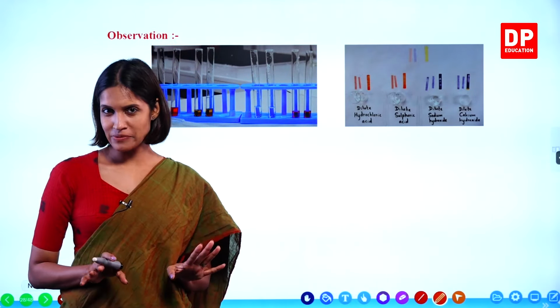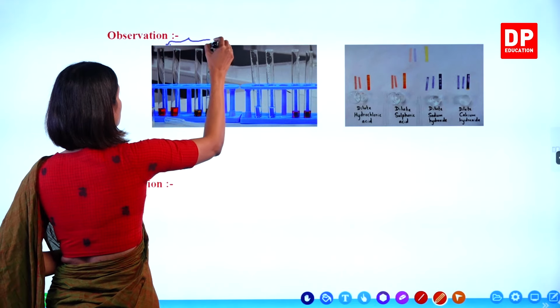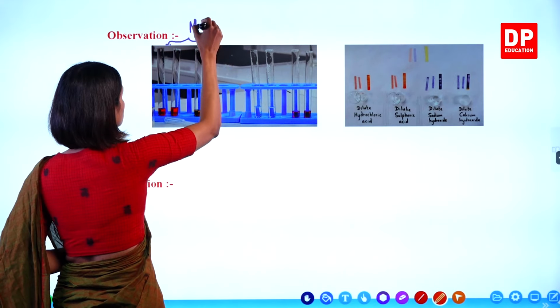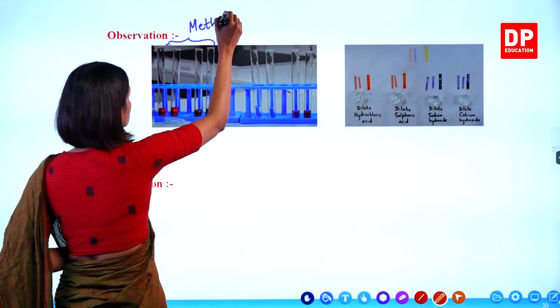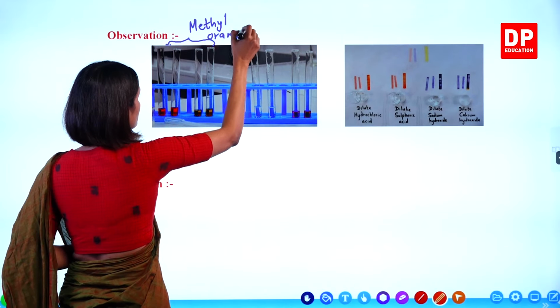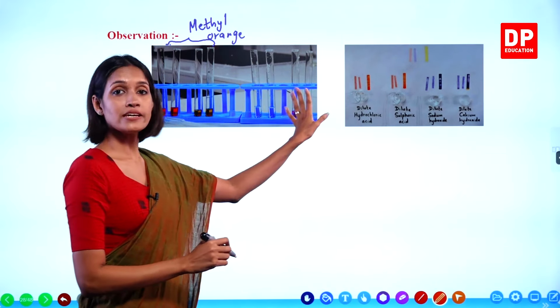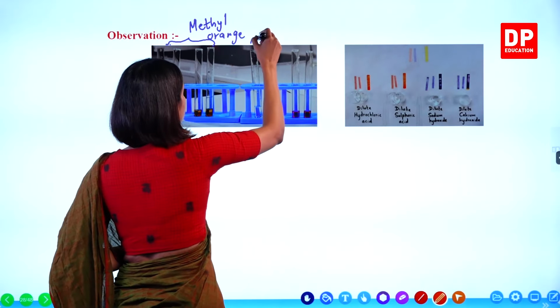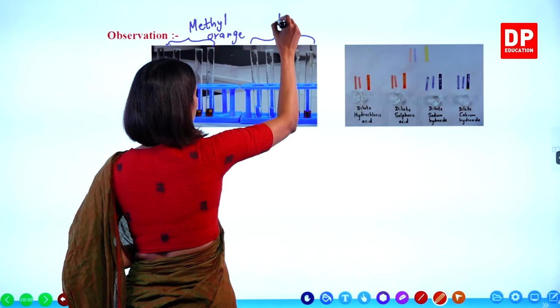Look at this. Now this observation is related to methyl orange. I will write from here, methyl orange. And this side, phenolphthalein.